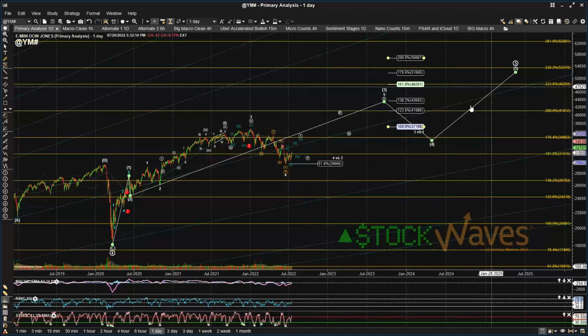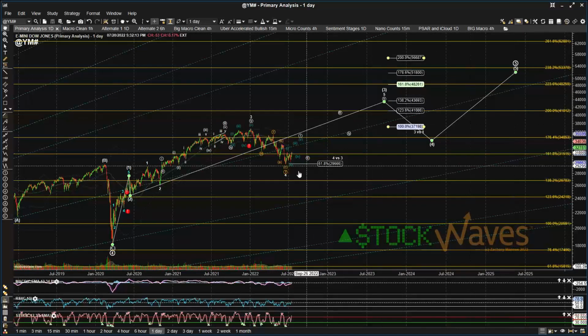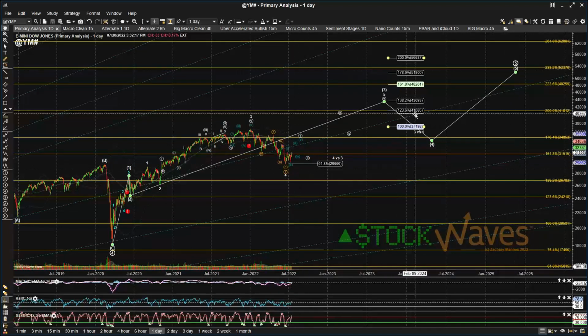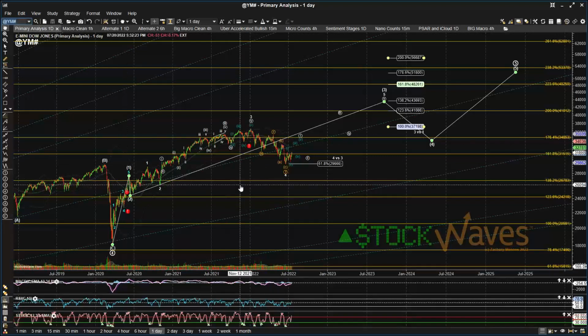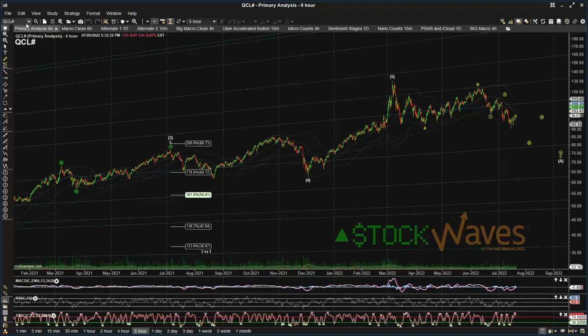So that ABC move that some of those individual names could be the 3, 4, 5 of the Dow. So just something to consider is a slight variation from what we're looking for in just the S&P and the NASDAQ. All right, now let's change gears and take a quick look at oil and natural gas.